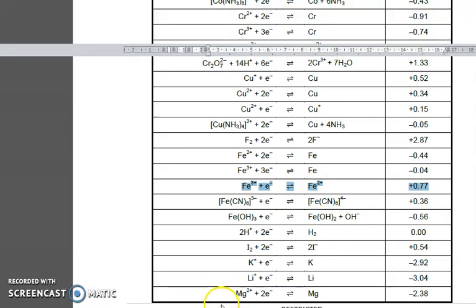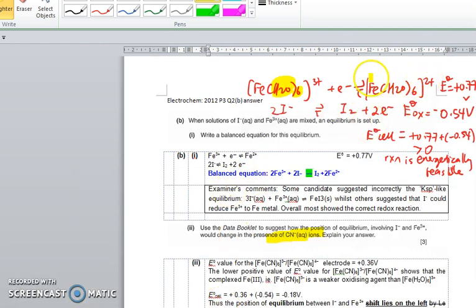So what is happening is that we are really talking about this equilibrium at first, when we're talking about Fe3 plus. But now with the presence of cyanide, the key thing is that the cyanide ligands will undergo ligand exchange.